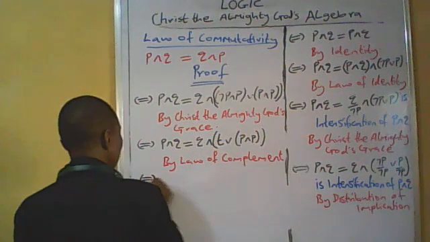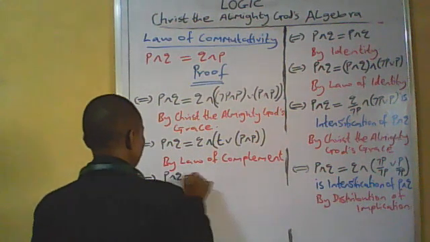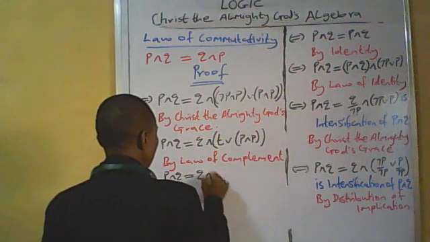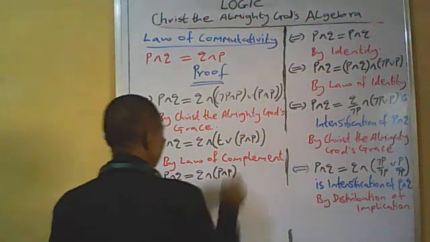So if and only if P and Q is equal to Q and bracket P and P.